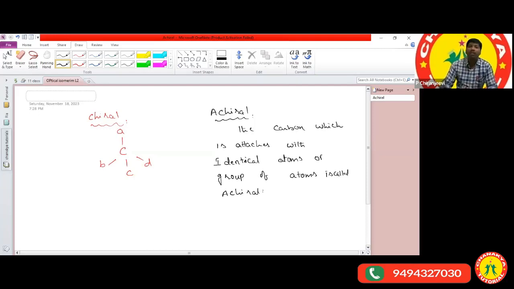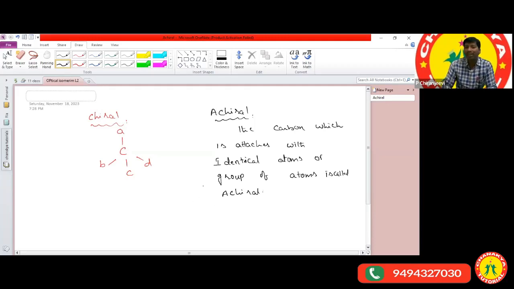At the same time, the compound which has a symmetry, we can also call achiral. Whether it is a plane of symmetry, center of symmetry or axis of symmetry, that we can also consider achiral.